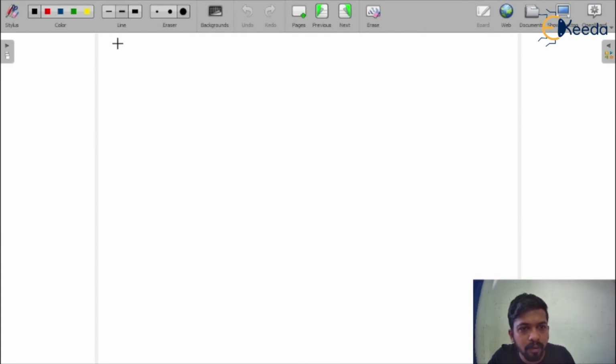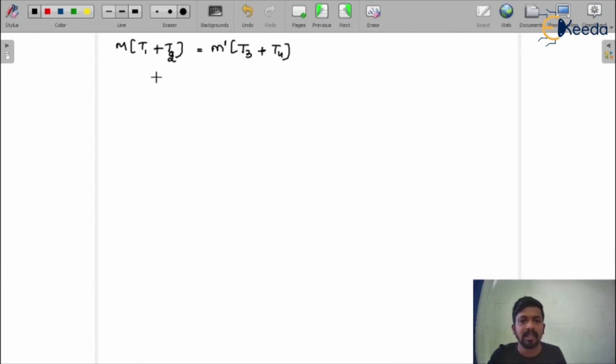Here I am going to show you: M (T1 plus T2). Now you are able to understand how we can calculate the number of teeth and the module. For the reverted gear train, there are only two relations that you have to use in the examinations when there is a question on the reverted gear train. Generally this is the first relation, and the second is the speed ratio relation, and you will get the final answer.